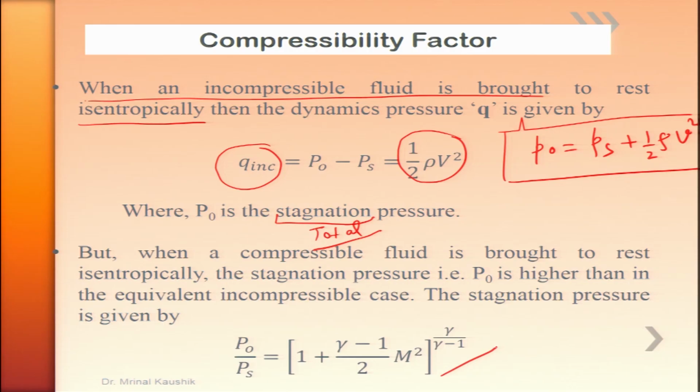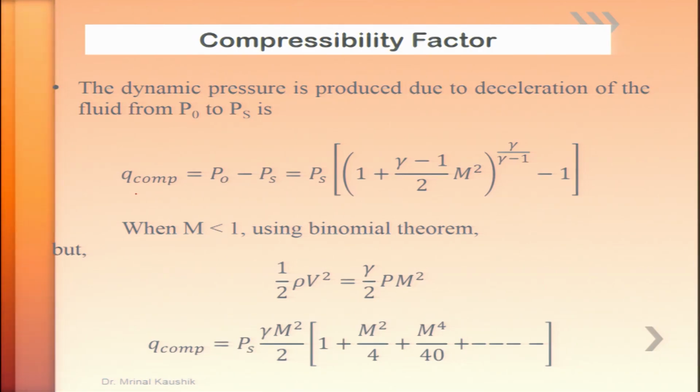Now, considering the same fact of dynamic pressure, let us calculate P naught minus Ps again for a compressible flow. What I will do is subtract 1 from both sides in this equation. Since this is a compressible flow situation, we denote it Q with the subscript comp, which represents compressible flow.